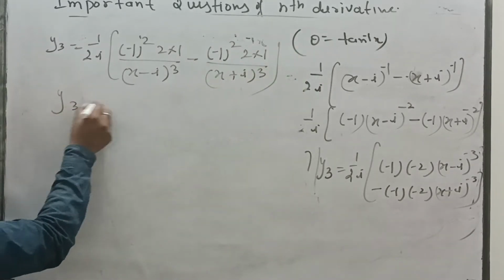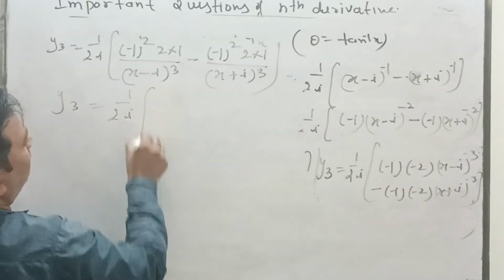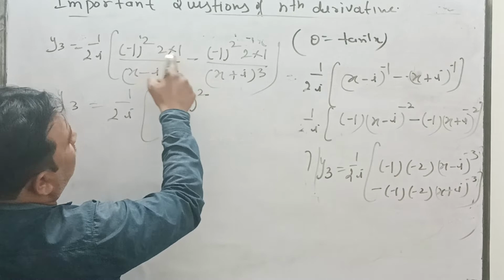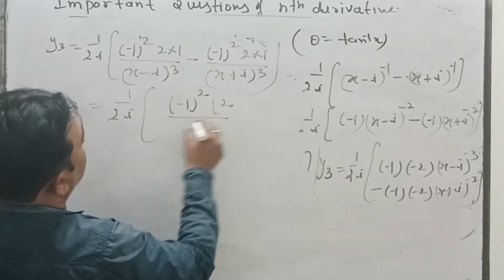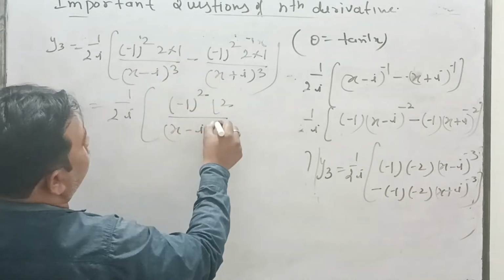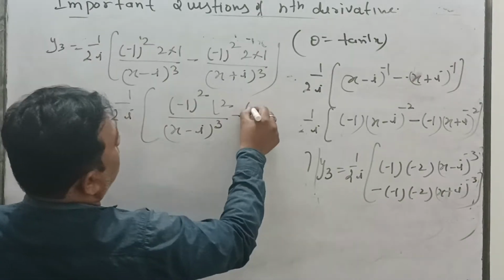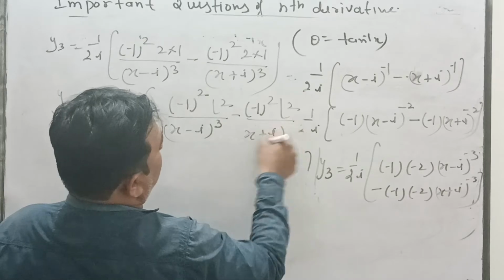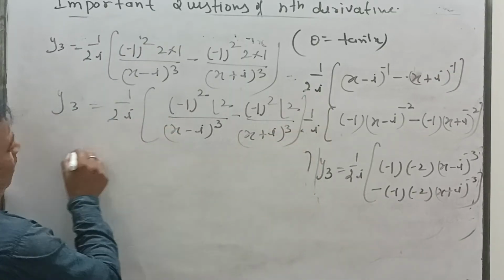We write y3 equals 1 upon 2i times [(minus 1) to the power 2 into factorial 2 divided by (x minus i) to the power 3 minus (minus 1) squared factorial 2 upon (x plus i) to the power 3], and so on.